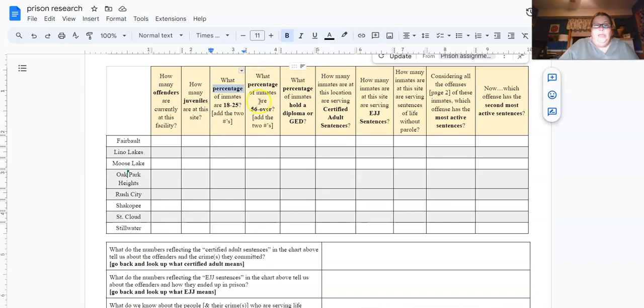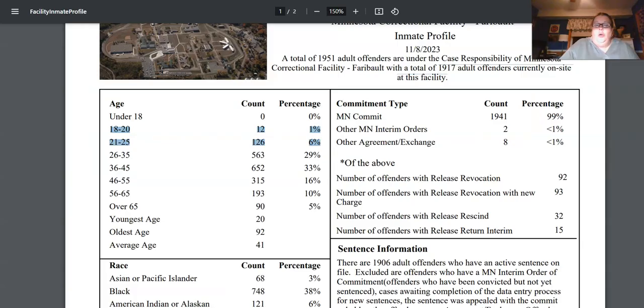Please be careful because it is specifically asking for percentages. I don't want you to put in 138 because there is no 138%. I'm asking you in this box to add these 2 numbers and get 7%. So 7% of the inmates at this facility are between the ages of 18 and 25.